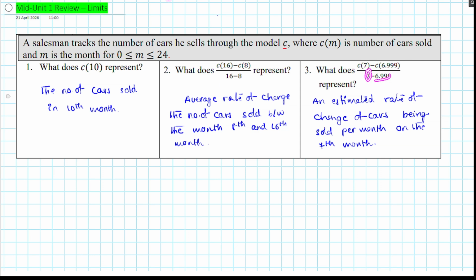You can see these two are very close to 7, so the difference between them is very minimal. So this is an estimated average rate of change, or you can say it is an instantaneous rate of change of the cars being sold per month on the 7th month, right?